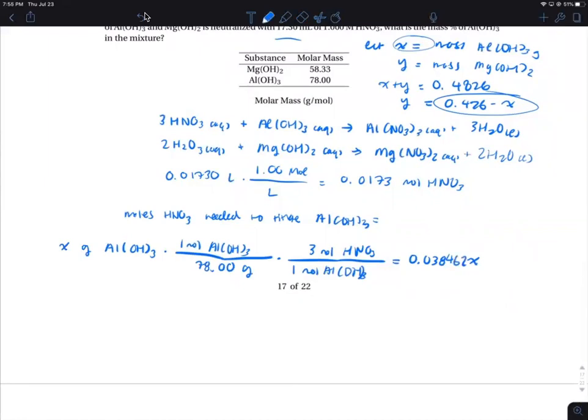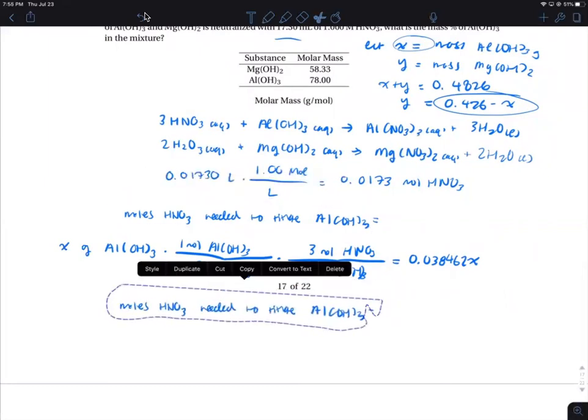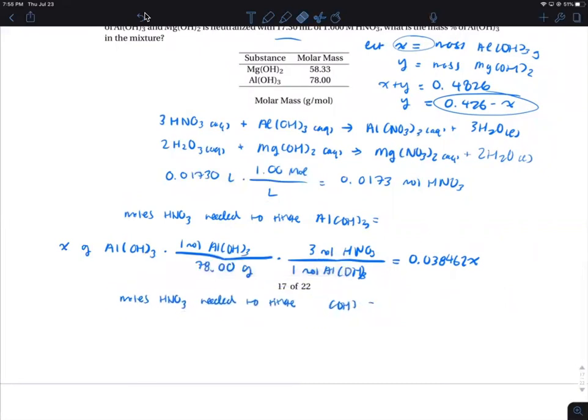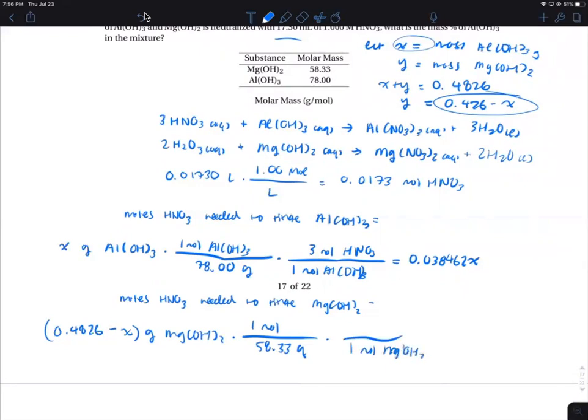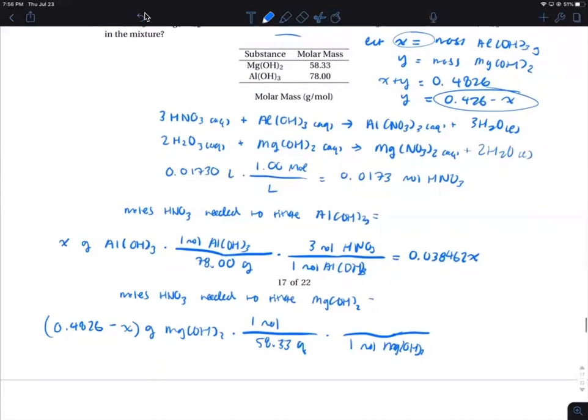And then for the next part, the number of moles HNO3 needed to titrate MgOH2 is going to be 0.4826 minus x grams MgOH2, times 1 mole per 58.33 grams, and then 1 mole MgOH2 is the same as 2 moles of HNO3.